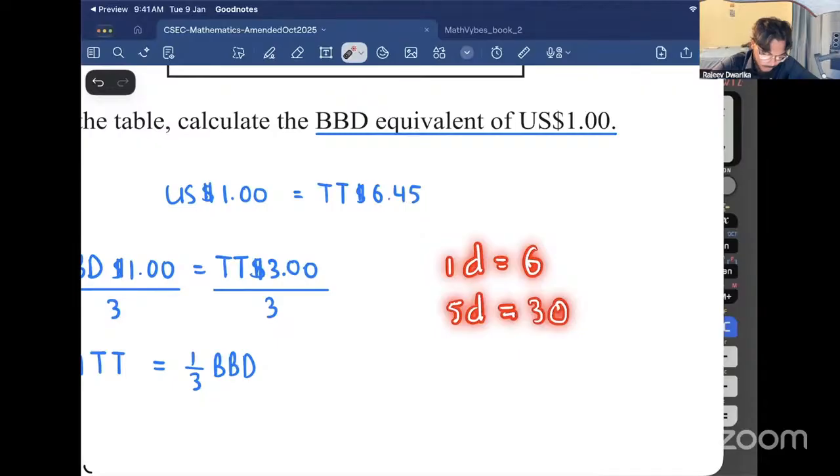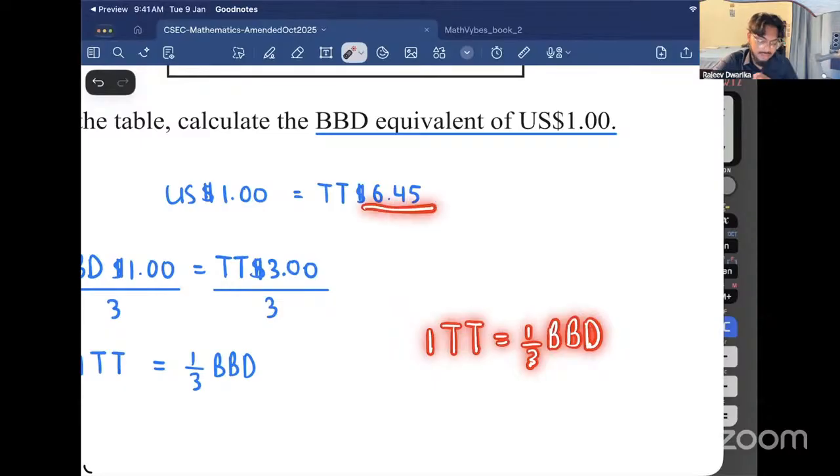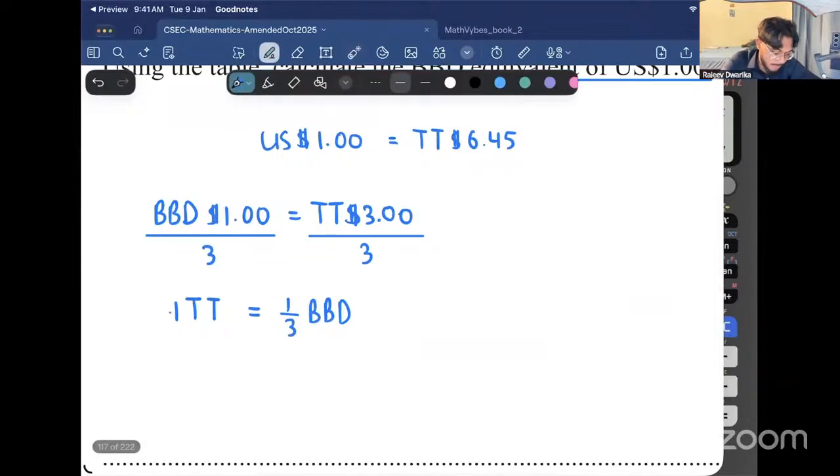Yes, sir. So if I told you 1 TT dollar is equal to essentially 33 cents BBD, what would I do to find for $6.45? You multiply the $6.45 by the 1 over 3. Yeah, and that's what I would do. Because if I multiply both sides by $6.45, let's see what's gonna happen.